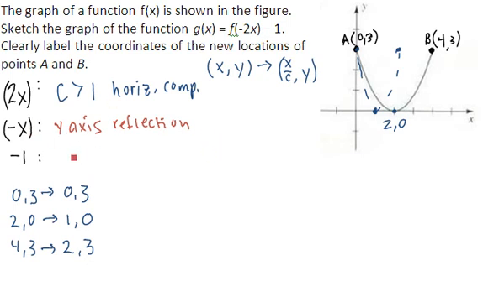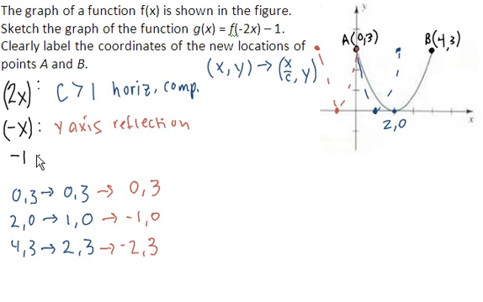Essentially, this is going to change our x value and make it opposite of what it was. So (0, 3) again stays as (0, 3). (1, 0) goes to (negative 1, 0), and (2, 3) goes to (negative 2, 3). We can go ahead and graph this again. Negative 1, 0 and negative 2, 3 is up here. And now we've created our y-axis reflection.